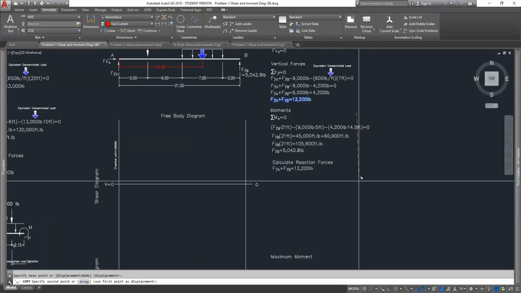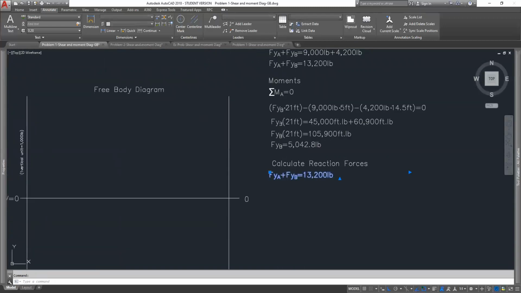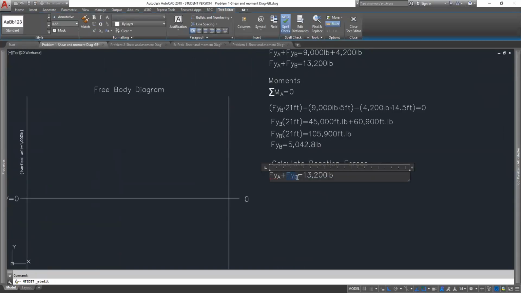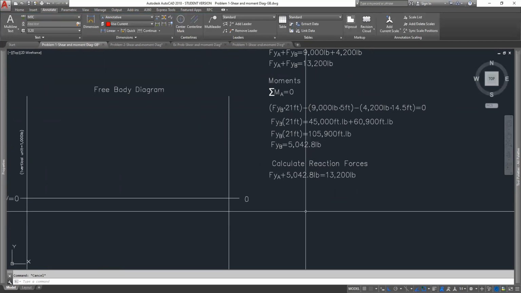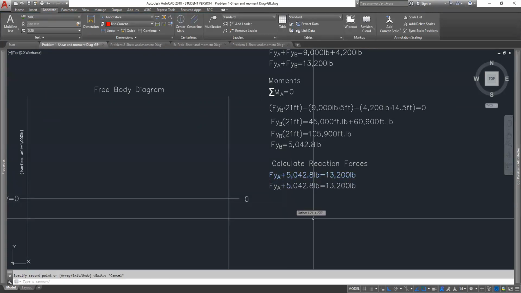Let's copy that back down here, and we can substitute for FYB, 5,042.8 pounds, and solve for FYA.